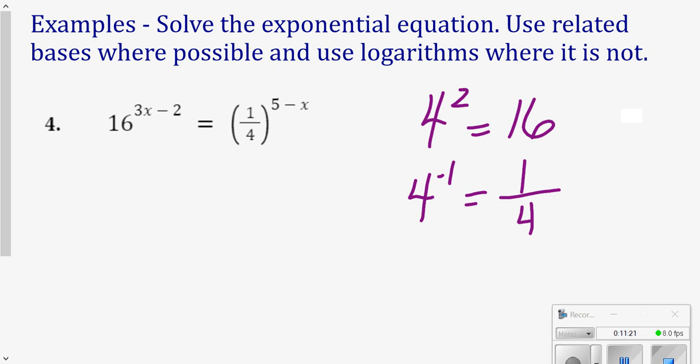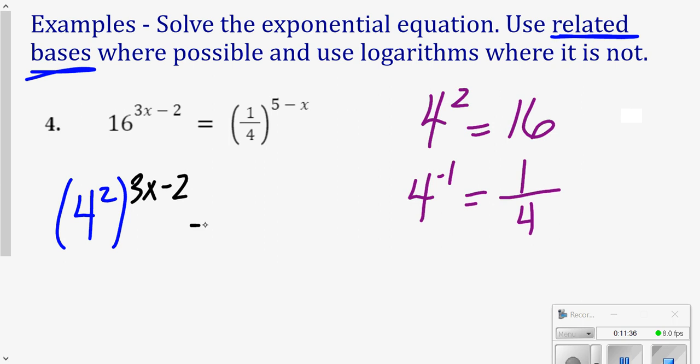That will allow me to have related bases and use what we did in the first two problems. So 16 is 4 squared. And then this part of the problem, I'm just recopying. 1/4 is 4 to the -1. I'm replacing that, and then this part is just being recopied, brought down.